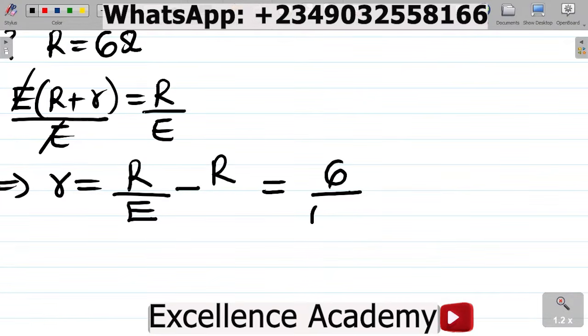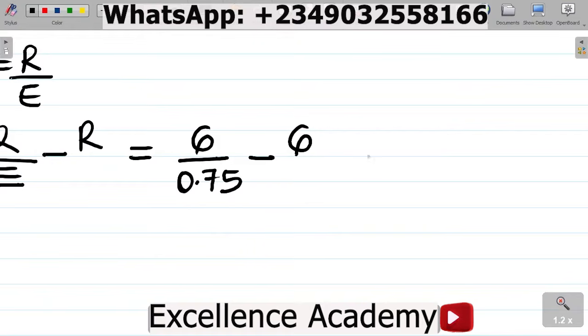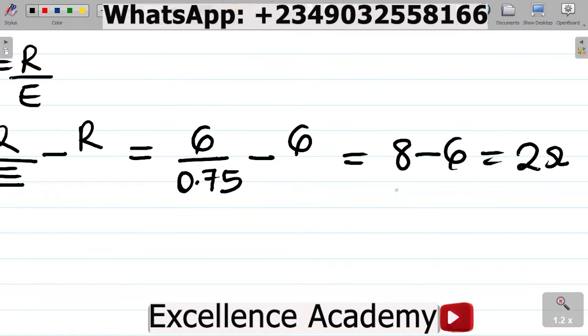So 6 all over 0.75 minus R, the value of R again is 6, that's external resistance. So let's punch 6 divided by 0.75. That's 8. So 8 minus this 6 here, and that's equal to 2. Resistance is in ohms. So that means the internal resistance, small r, is equal to 2 ohms.